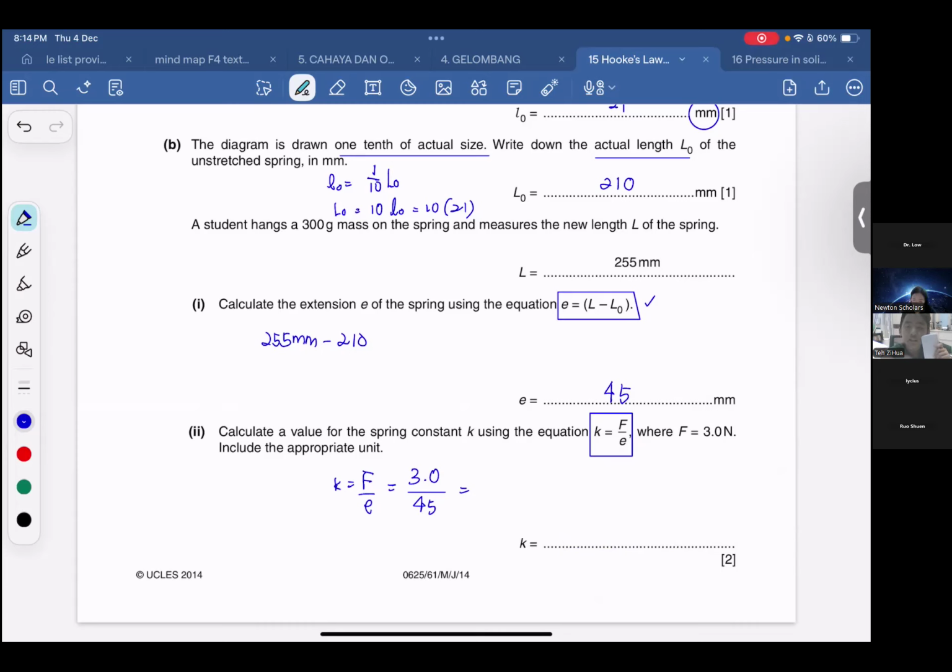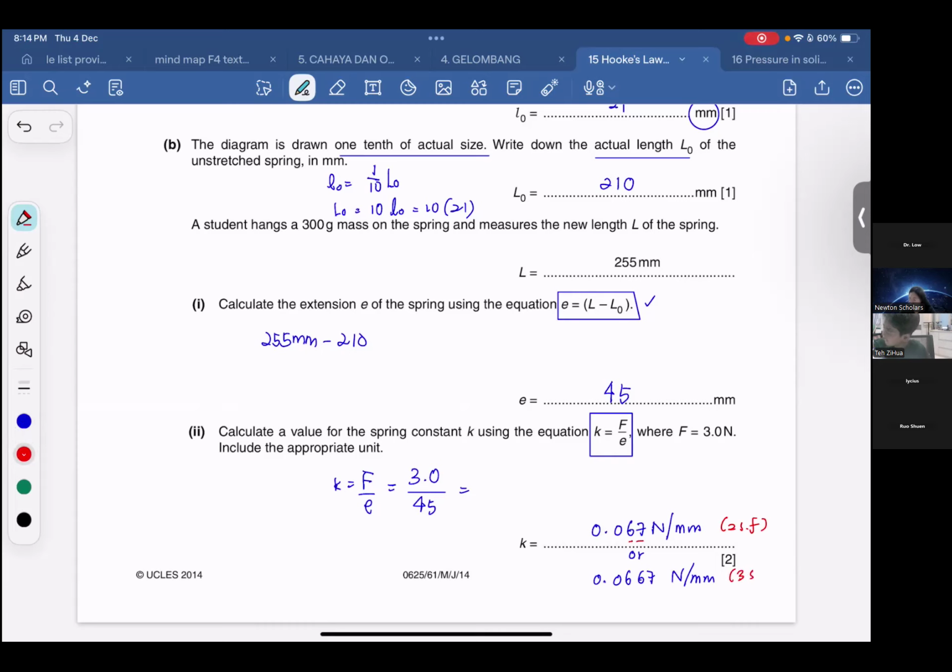Okay, so boys and girls, here the answer is 0.067 Newton per mm, or we accept 0.0667 Newton per mm. This one, 6, 7, is two significant figures.